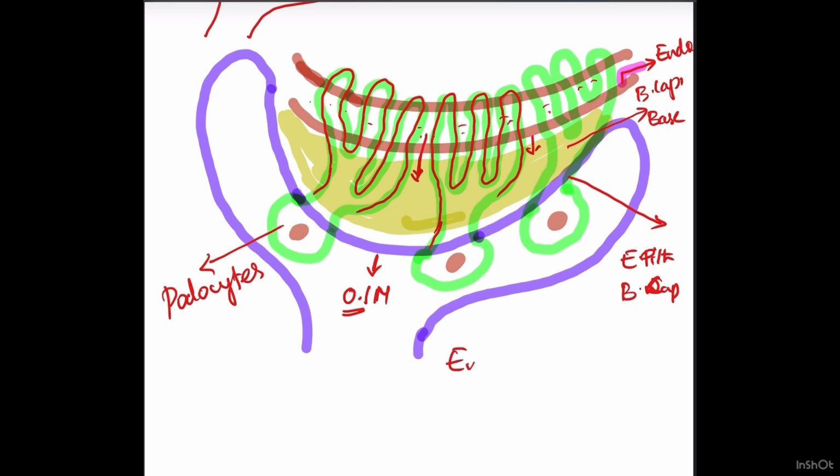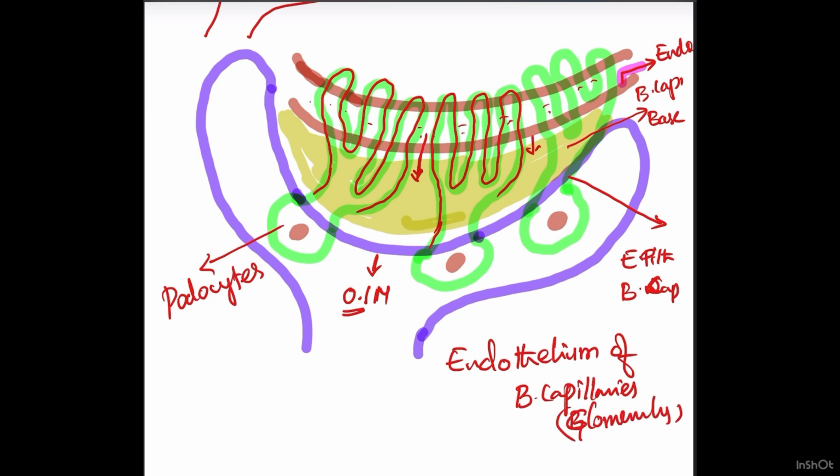So the endothelium of blood capillaries, you can consider this as the glomerulus. The next one is the basement membrane. Always remember, this is an acellular substance. This is not a cellular membrane, cells will not be there, just a glycoprotein is present here.